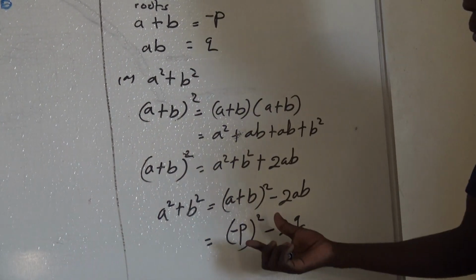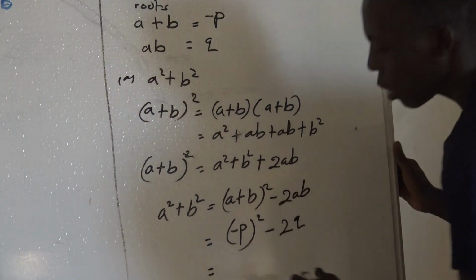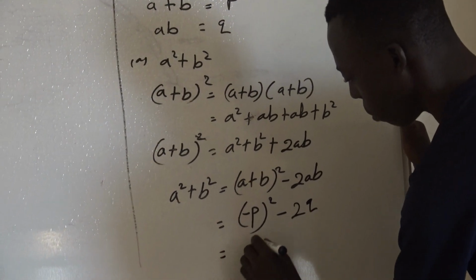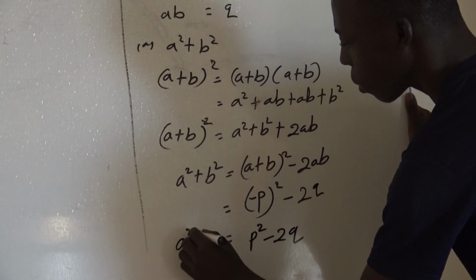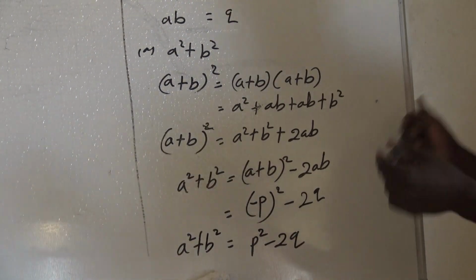Now what is negative p squared? When you multiply a negative by a negative, you get a positive. So that gives us p squared minus 2q as the value of a squared plus b squared. So that's how we do it.